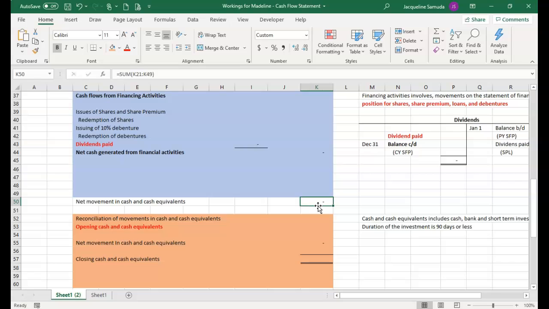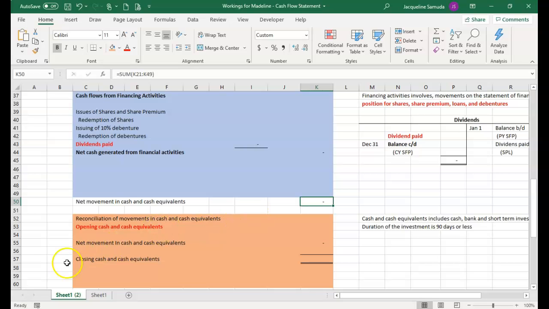So I am going to switch over to the question so that we can look at the workings for the bottom part of the cash flow statement. So we're going to have to go to the statement of financial position to get the data to complete this section, which is what I am going to start with.